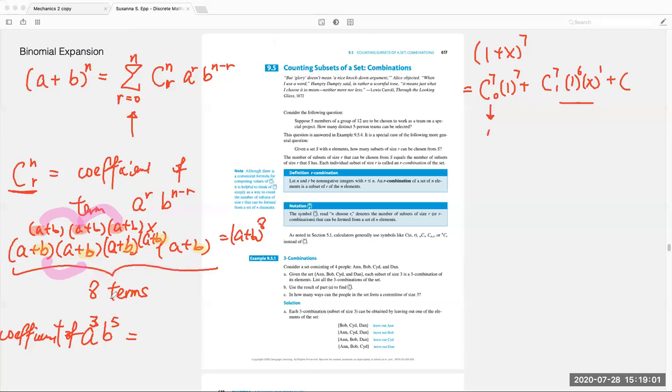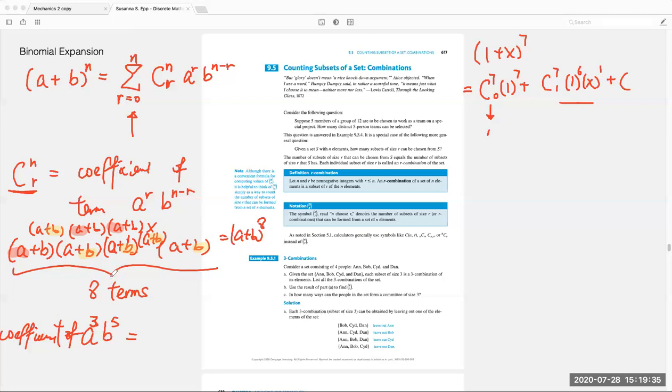But for the first bracket, you can choose B instead of A. So you can choose these 3 A's, and the 5 B's are these 5 B's. So you can get another term that is A^3 times B^5.